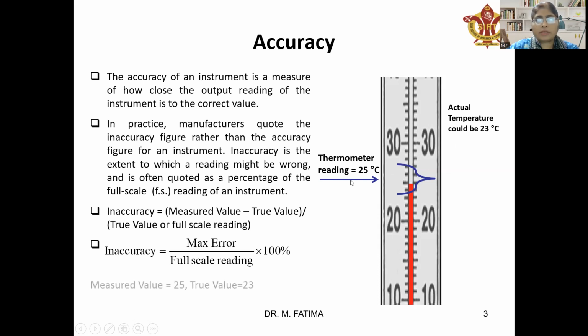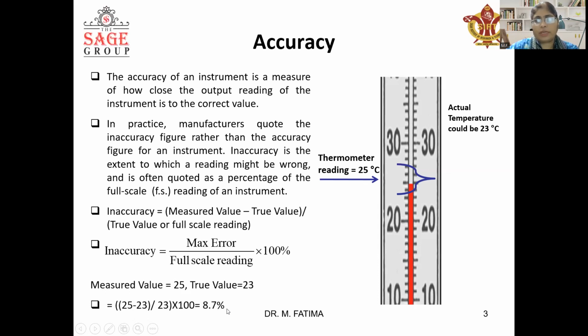Now put this measured value and true value in this formula: 25 minus 23 divided by 23 multiplied by 100. This gives 8.7% error or inaccuracy. So this thermometer reads with an error of 8.7%. So it is required that the instrument must have low errors.